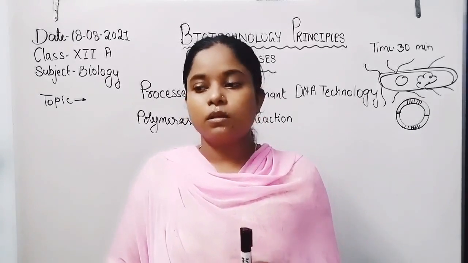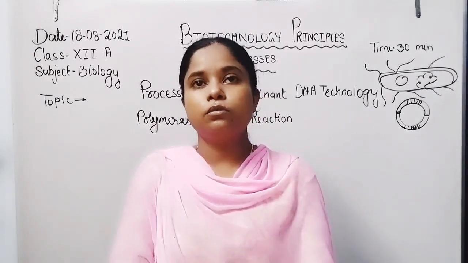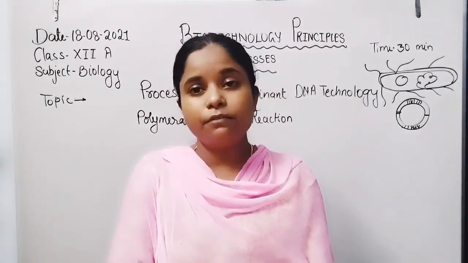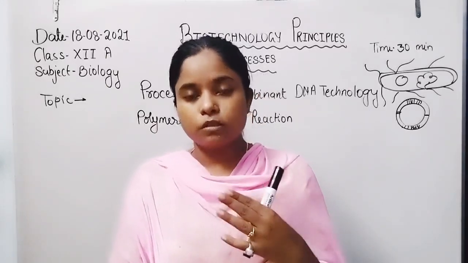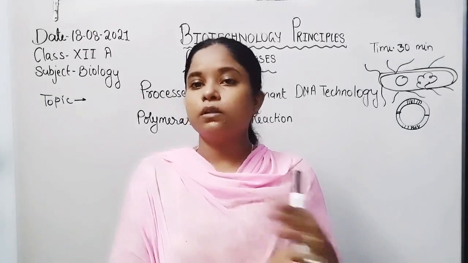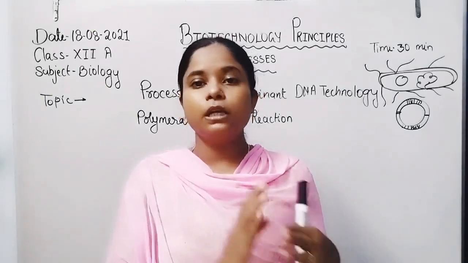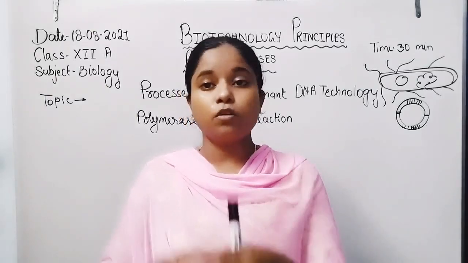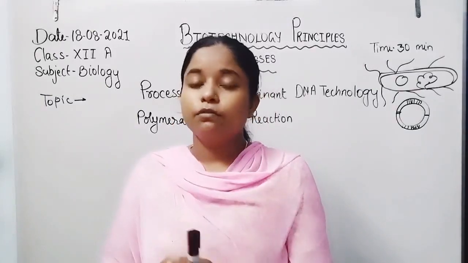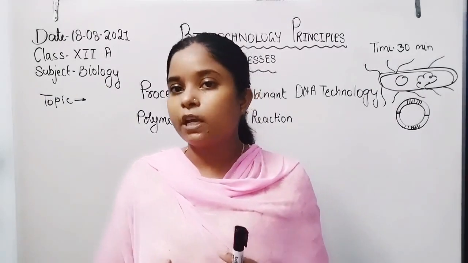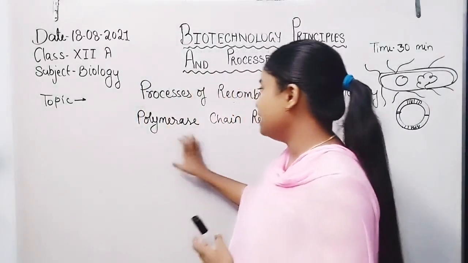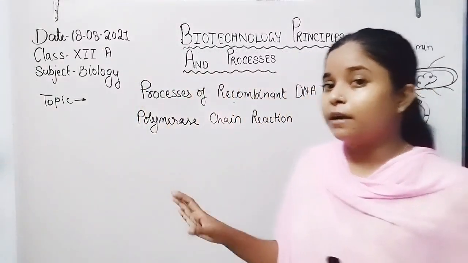Because if we want our experiment to be successful, we form multiple copies of our desired gene. For the formation of multiple copies, for the amplification, we use the PCR technique, polymerase chain reaction.